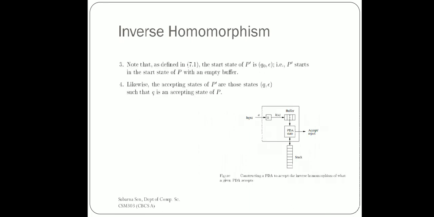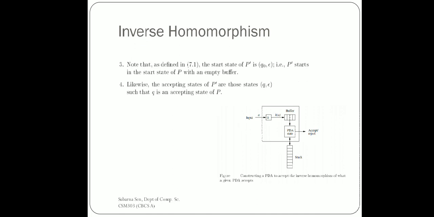Now the start state of P dashed is (q0, epsilon), the empty string. You have already defined it, and P dash starts in the start state of P with an empty buffer. Firstly the buffer was empty, and after that we processed each and every symbol a and applied the homomorphism function, that is the h function, and moved it into the buffer.